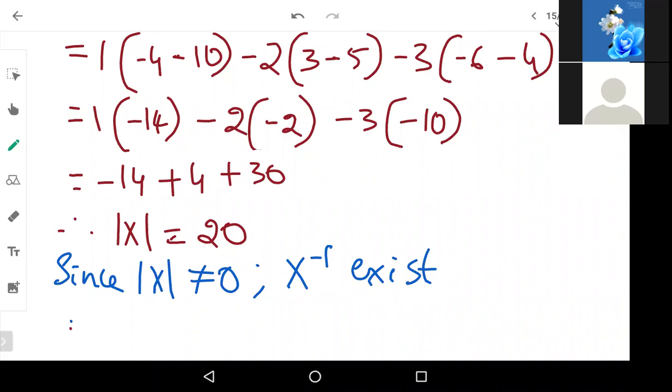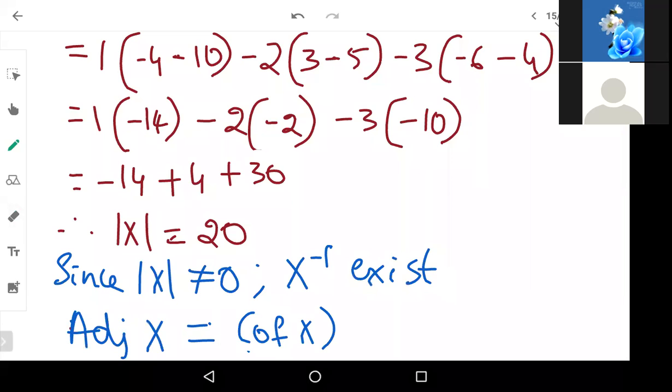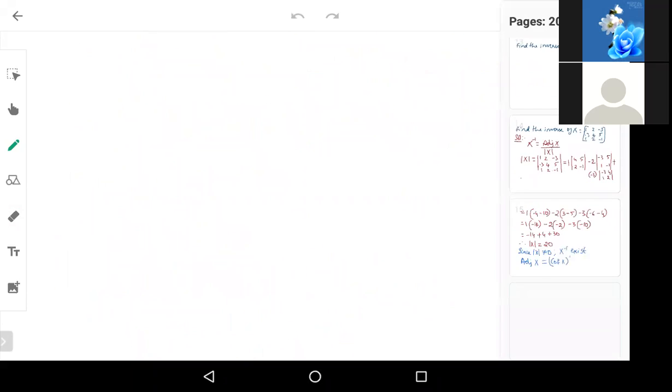Now what is the next step? Next step is finding the adjoint of X, which is nothing but the cofactor of X transpose. So let us find out the cofactors for every element that is there.